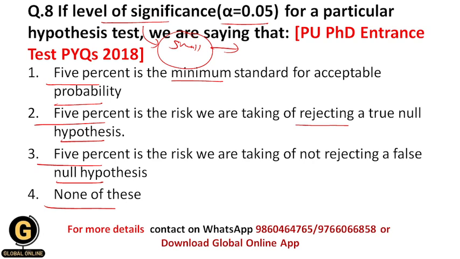But now here the level of significance is 0.05. So it means there is a 5% risk we are taking of rejecting the true null hypothesis. This means there is a 5% chance of making a type 1 error, which occurs when we reject a true null hypothesis. That's why here your correct answer should be 2.